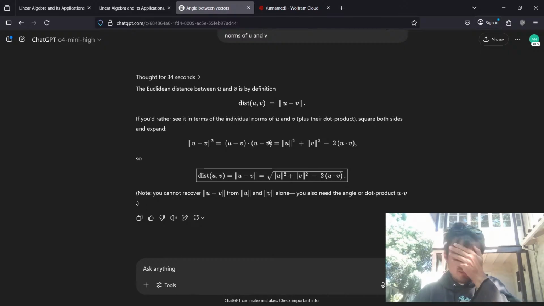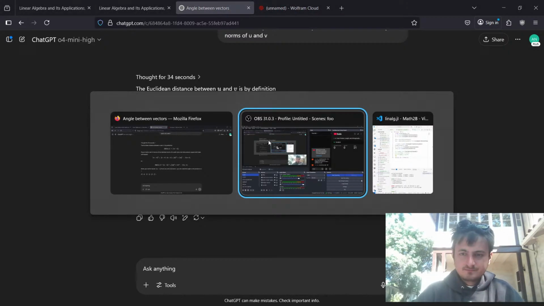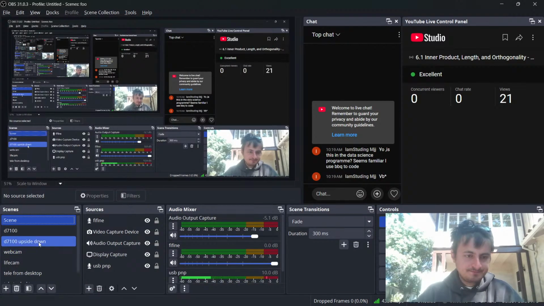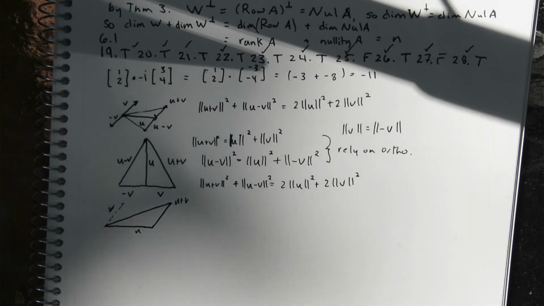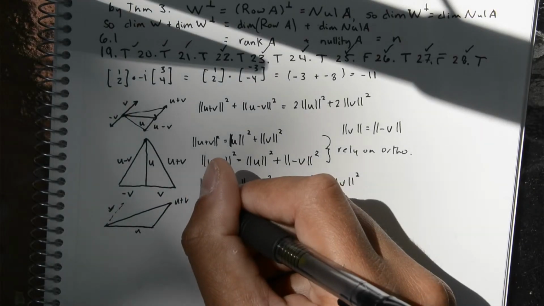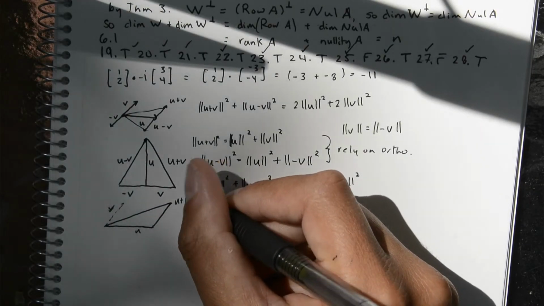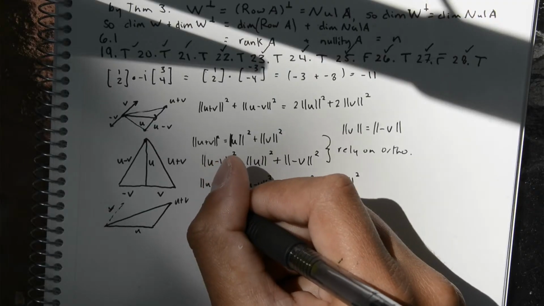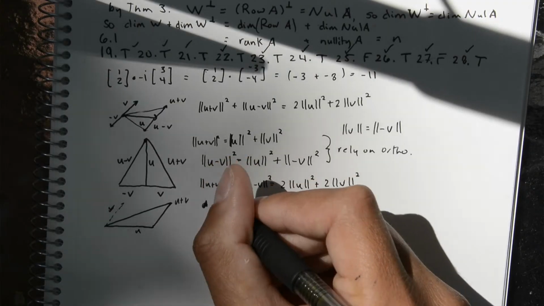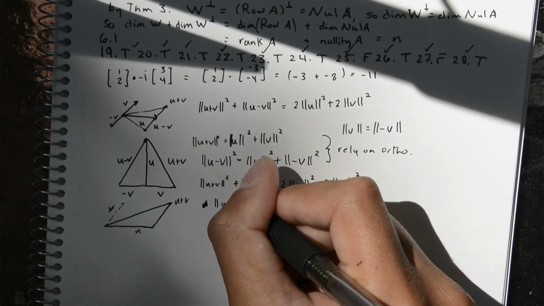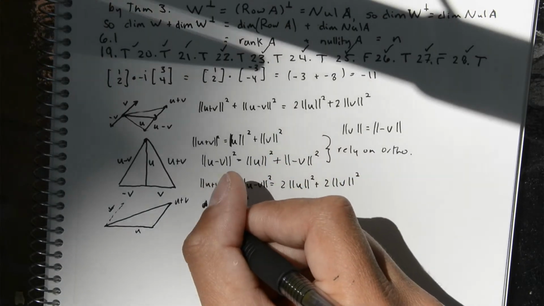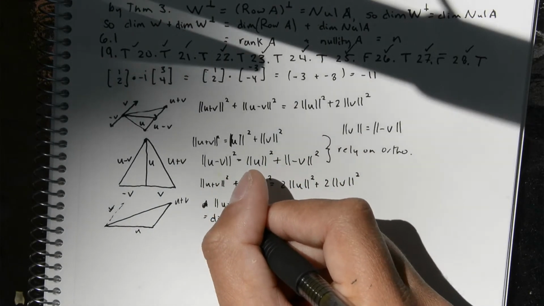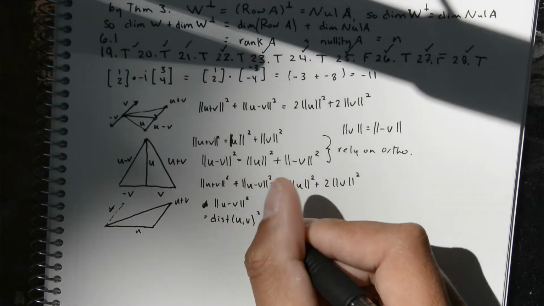Oh yeah, there you go. Okay. So that's what we want to do. We're going to just take U minus V. And what is this equal to? This is equal to the dist of U, V squared.